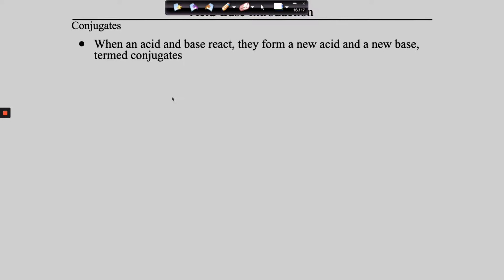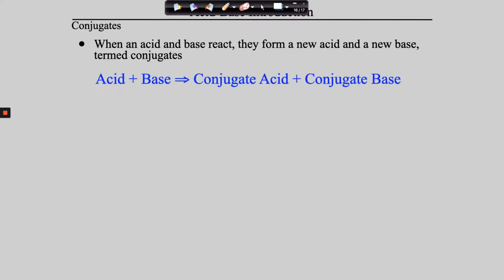Well, guys, that's what we're doing here. When an acid and base react, they are forming a new acid and a new base, and we call these things the conjugates. Now guys, when we do that, the fundamental chemistry looks like this. An acid and a base form a conjugate acid and a conjugate base.